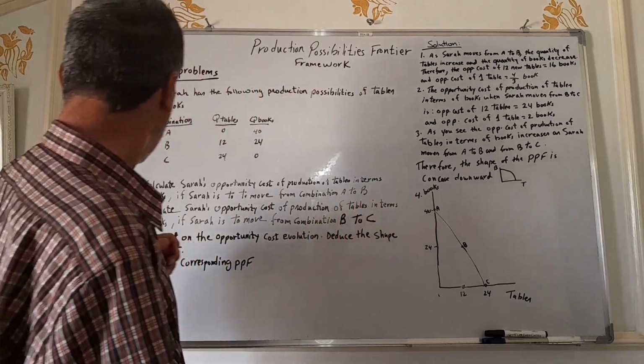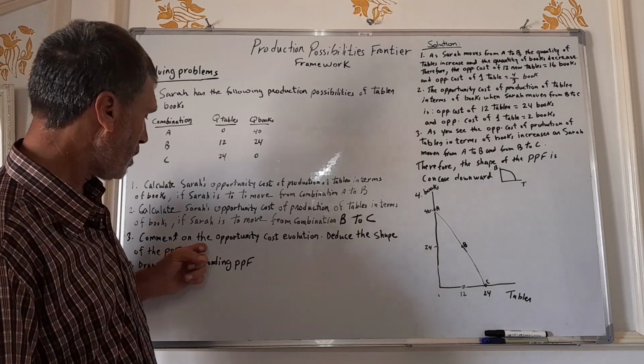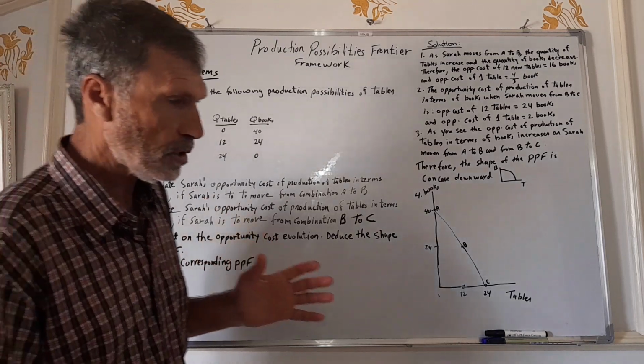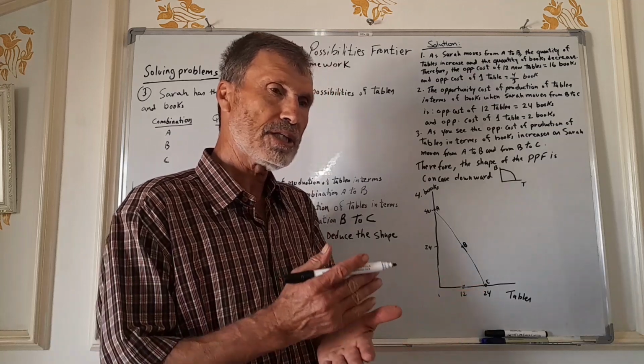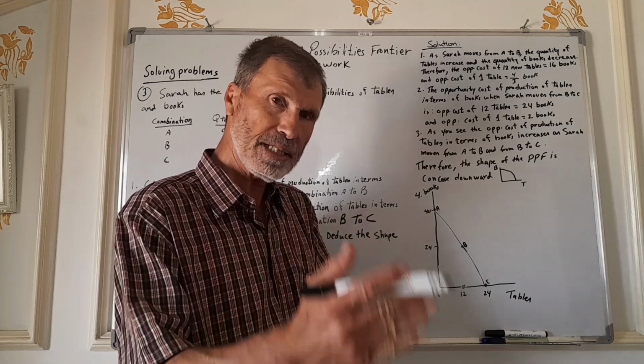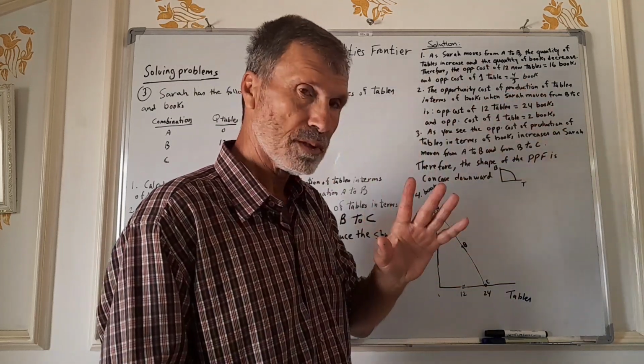Okay, now, of course, we comment on the opportunity cost evolution. As you can see, the opportunity cost as she moves from A to B and then from B to C increases from 4/3 to 2.